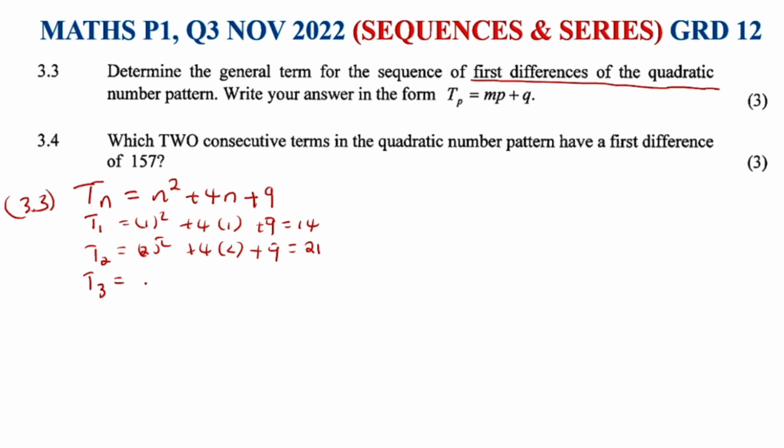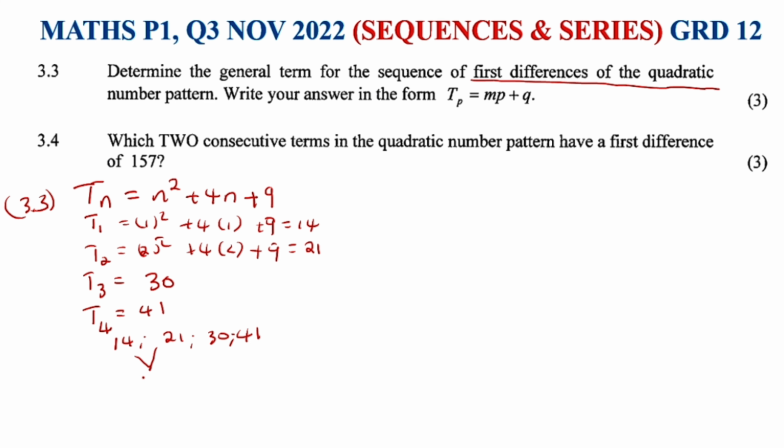I've already done that in my calculator. It gave me 30. You can double check it, guys, if it's correct. And then the fourth term gave me 41. So our terms are 14, 21, 30, 41. Okay, so now let's go ahead and find the first difference.